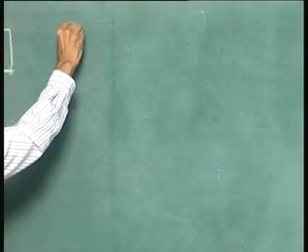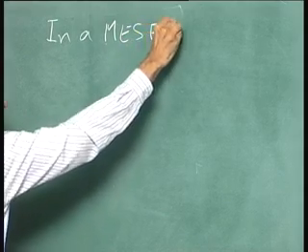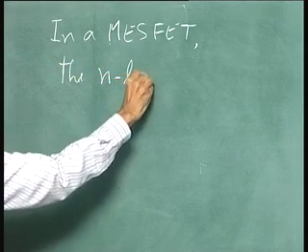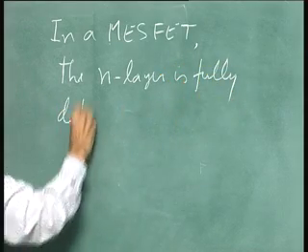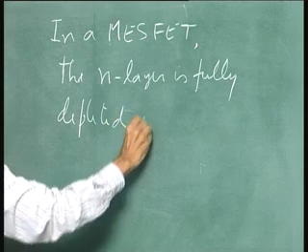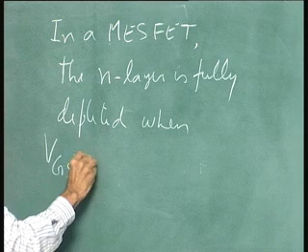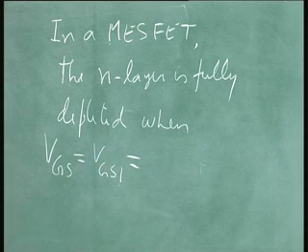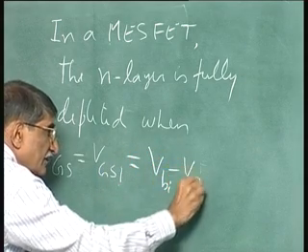So, the MESFET, the N layer is fully depleted when VGS is equal to VGS1, I will call it VGS1, equal to the threshold voltage VBI minus VP0.